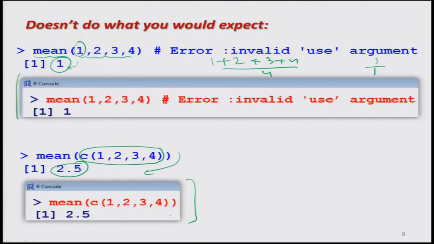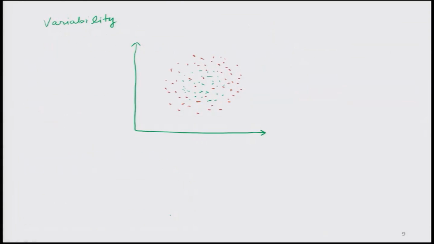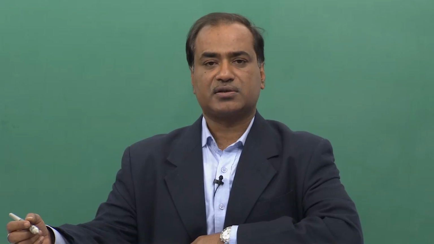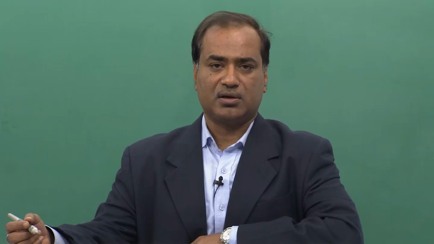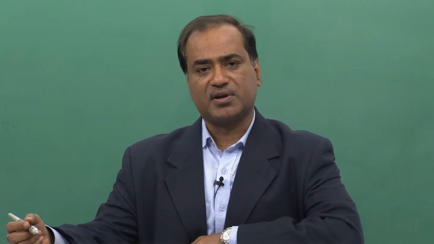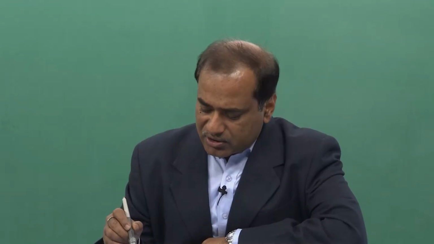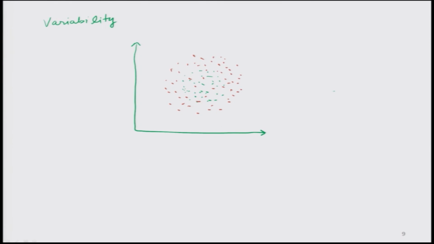Now we move to another aspect. We have talked about mean. Now there is another aspect in data analysis that is called variability. What is this variability? First we need to understand. So now if you try to see in this slide, I have created a small picture.